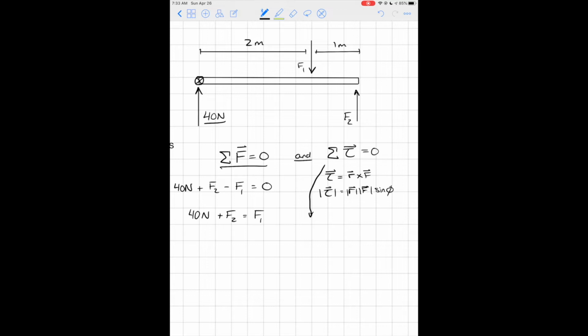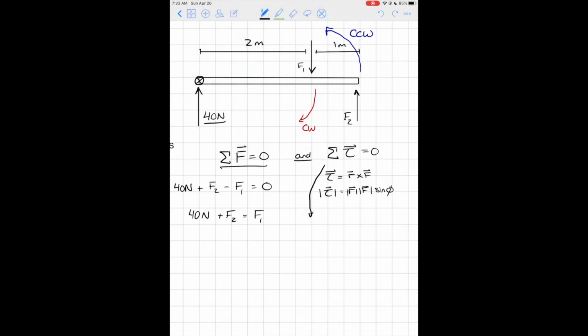Alright, let's keep going. I have two torques. I have a torque from F1 that would want to make this thing rotate clockwise. And the torque from F2 is going to make this thing try to move counterclockwise if we're pivoting around here.